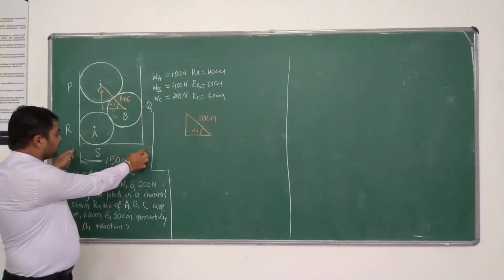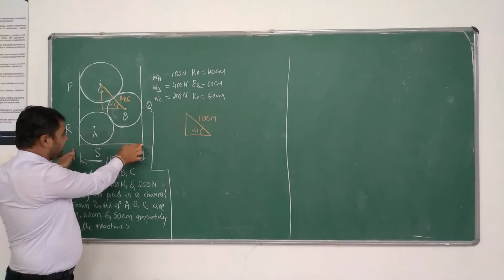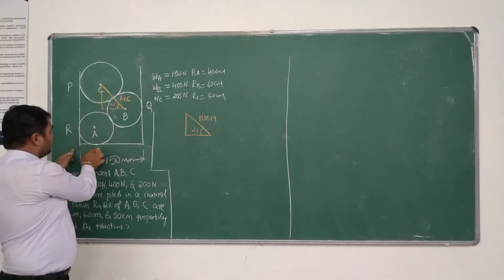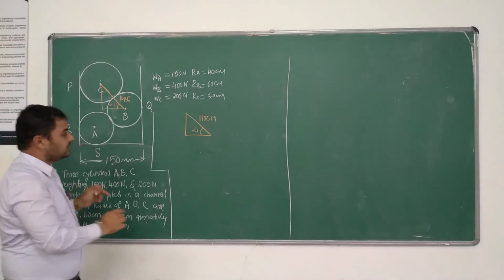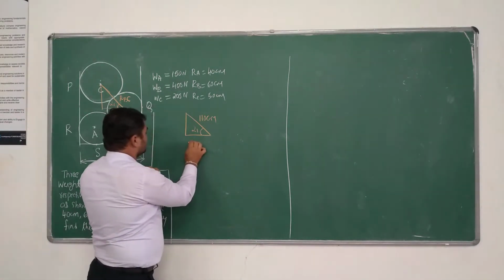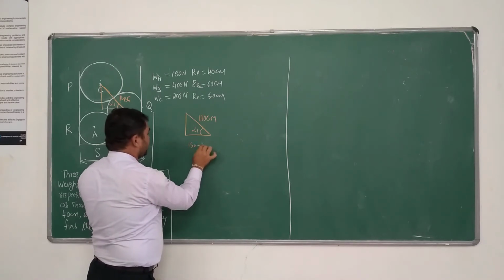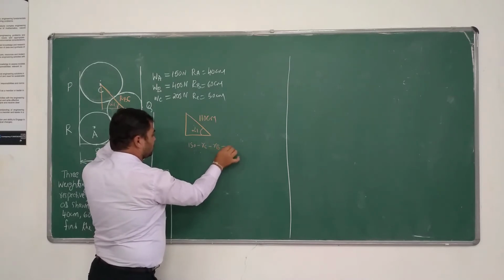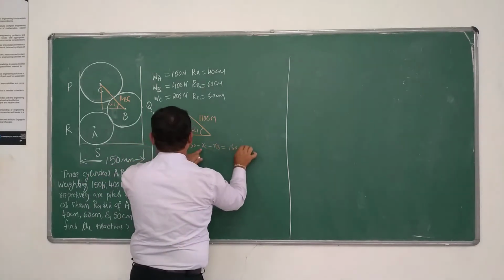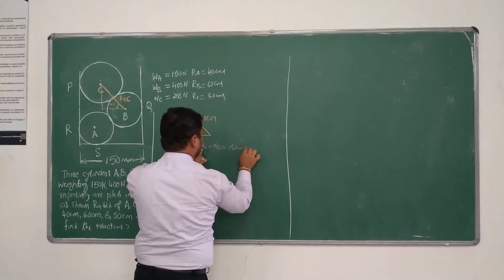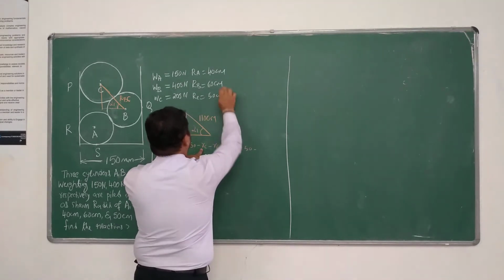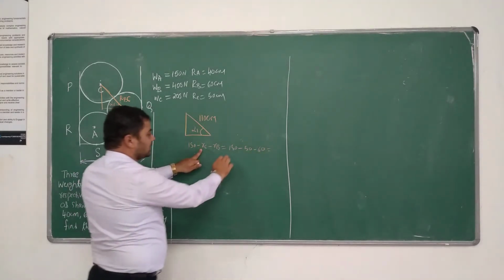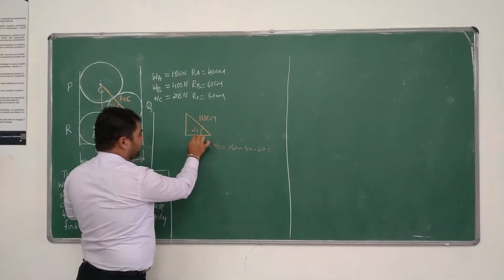Now let us check the length for this one. We know the total width of the channel. If we subtract the radius of cylinder B and the radius of cylinder C, we will get the remaining length. So to get this length, it is 150 minus the radius of C minus the radius of B. So 150 minus 50 minus 60, the net value works out to be 40.